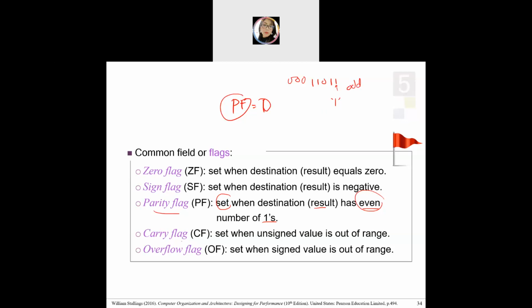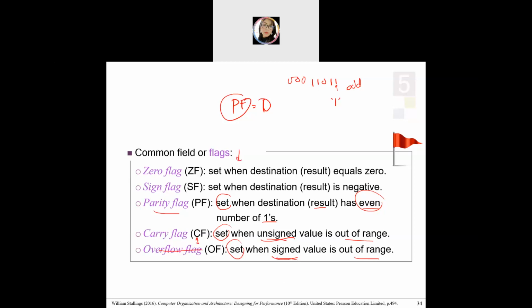For the carry flag, it equals 1 when the unsigned value is out of range. And lastly, overflow, which is a general flag available. The overflow flag equals 1 when the signed value is out of range. So it is quite similar, only the difference is between unsigned and signed numbers. So please make sure you remember now, okay?